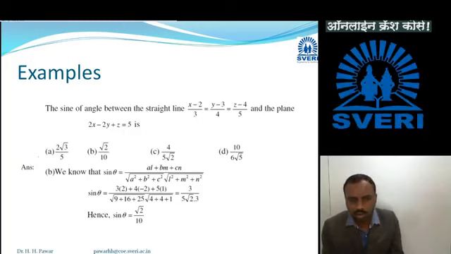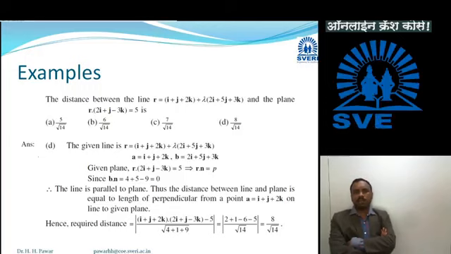Next one is the distance between the line r equal to i plus j plus 2k plus lambda into 2i plus 5j plus 3k, and the plane r bar dot 2i plus j minus 3k equal to 5. Here the first equation is given in the form of vector equation r bar is equal to a bar plus lambda b bar, and the second equation is given in the form of r bar dot n bar is equal to d.